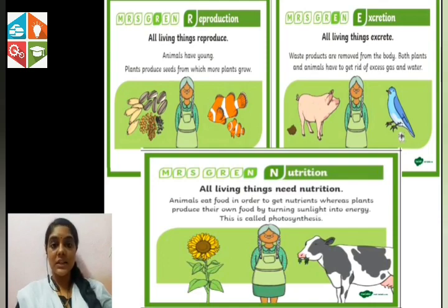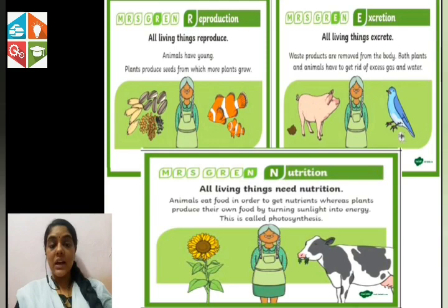The waste material removed from our body on a daily basis is called excretion. Then the last letter, N, stands for nutrition. All living things need nutrition. Basically, the food which we take in daily provides nutrition or energy to do our daily activities.